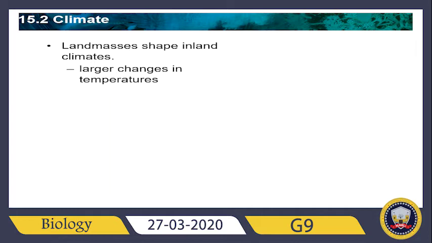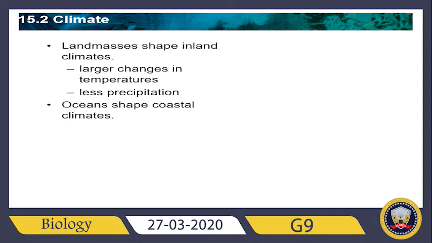So the land masses, whether mountains or deserts, influence the climate also. Less precipitation, because the more desert the land mass is, the less precipitation. Precipitation here means rain.